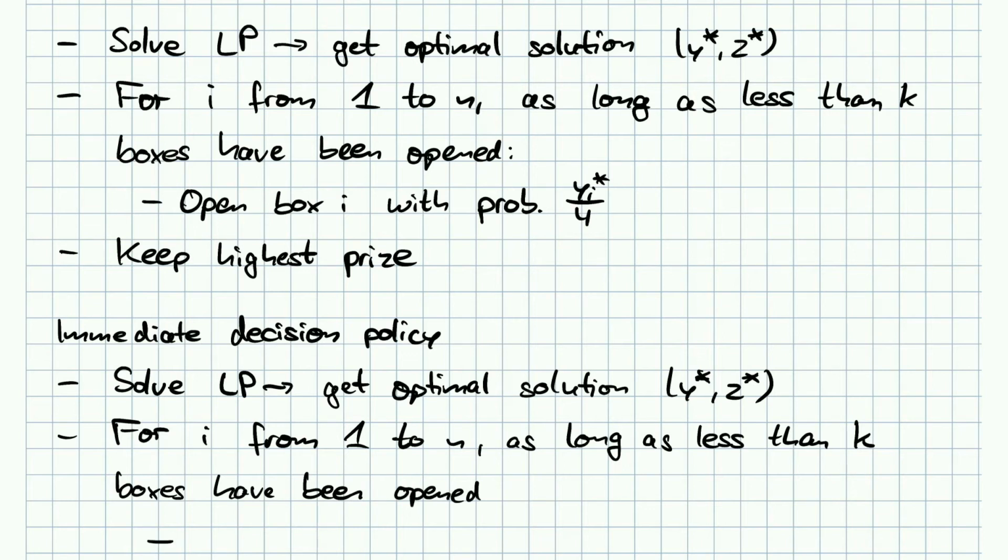And now things become different. Well, this is still the same. We open the box i with probability y_i star over 4.